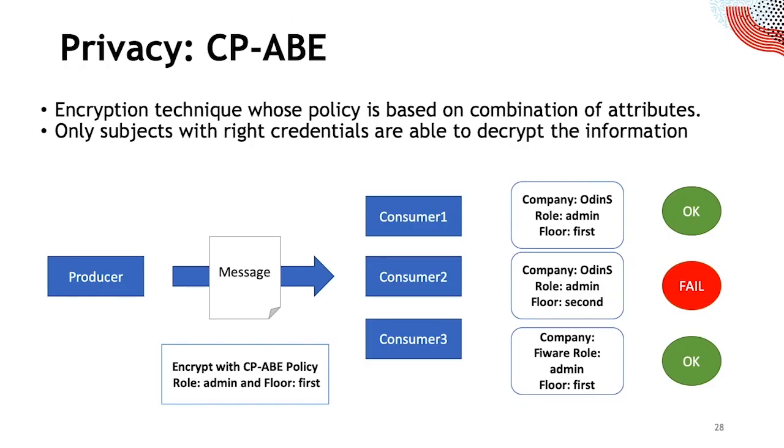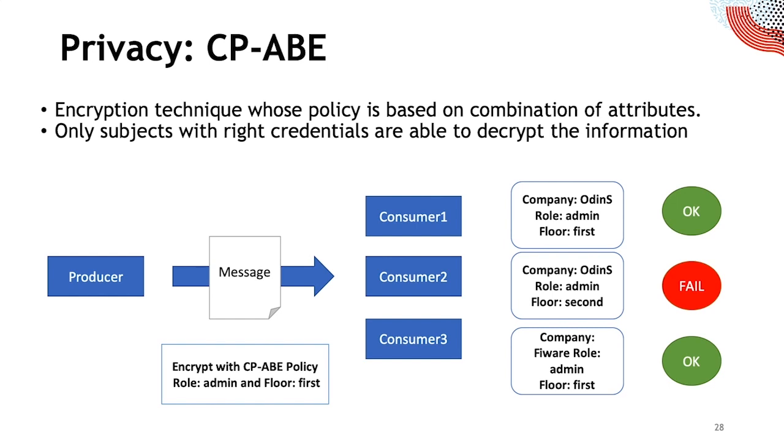CP-ABE presents a very flexible way of representing encryption policies. It is based on attributes, so we can express any combination of them. An example of a CP-ABE policy is presented in this slide. The encryption policy is a combination of two attributes, role equals admin and floor equals first.